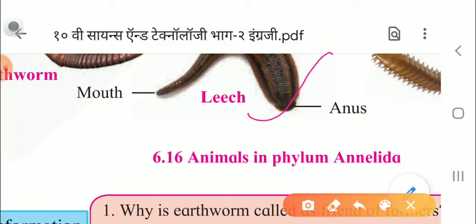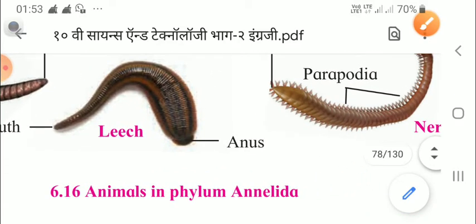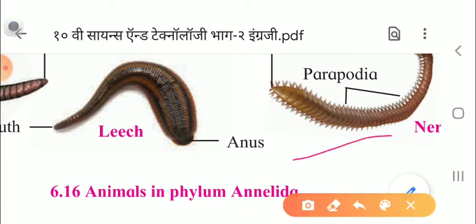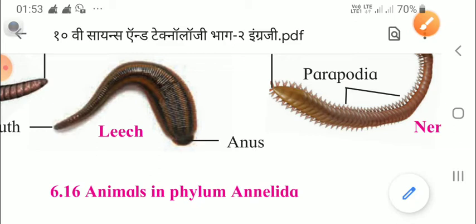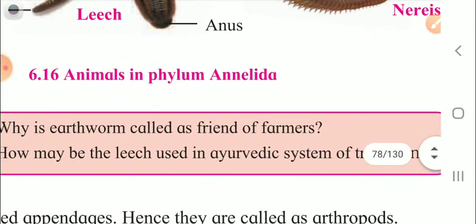Leech also has the mouth and the anus. Then the next one is nereis. In nereis, you can see clearly the parapodia are present there. Now this part is cancelled, children.